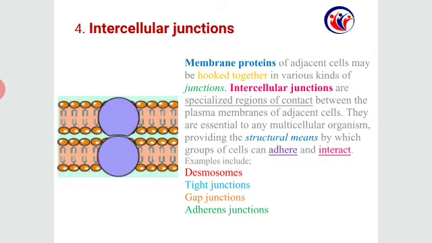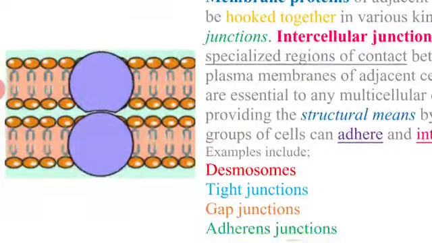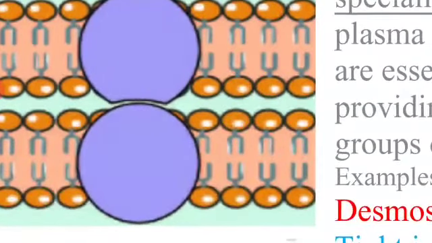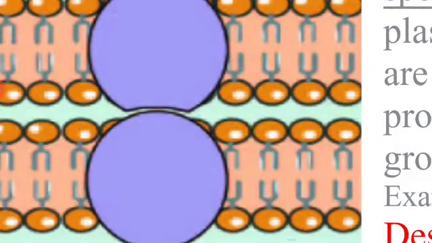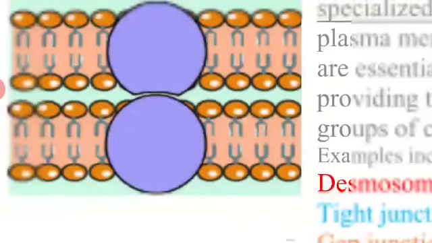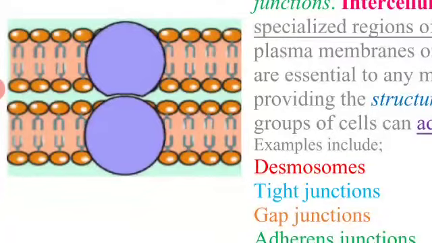Intercellular junctions are specialized regions of contact. If you look at this drawing, one is spherical, the other one has a component that slightly curves in to form a dome shape. Now this spherical part fits into the other one, and that means these cells are going to lie side by side.